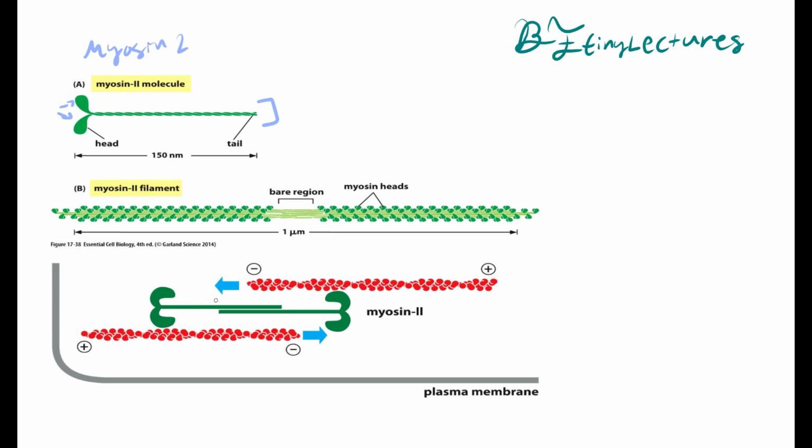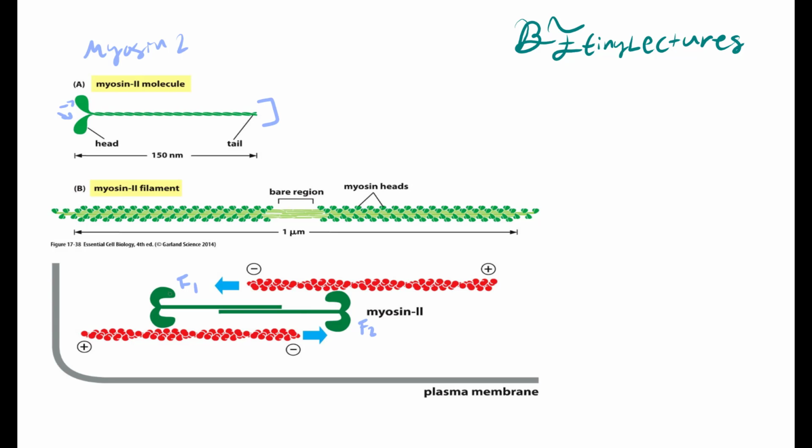Now also notice that whenever the myosin filaments, here's filament 1 and here is filament 2, are attached to one another, they will interact with the actin filament. And when this happens, they are going to move toward opposite portions.